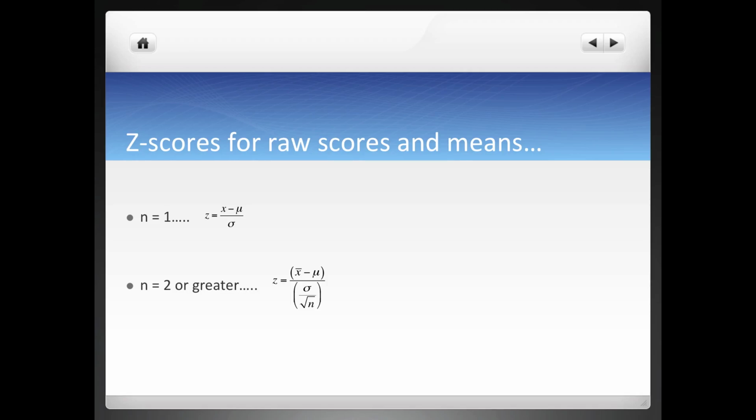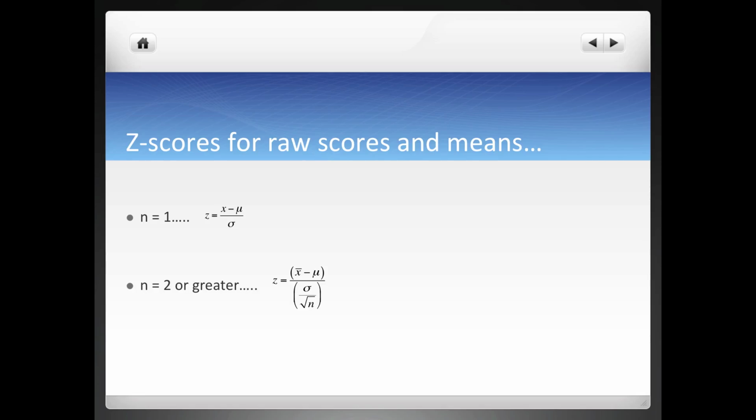And this is where the notation from the central limit theorem for the sampling distribution, or the distribution of sample means, comes in. So the z-score for those types of problems is x bar, which is the mean of the 2 or greater measurements, minus mu, which is the population mean, divided by the standard error.